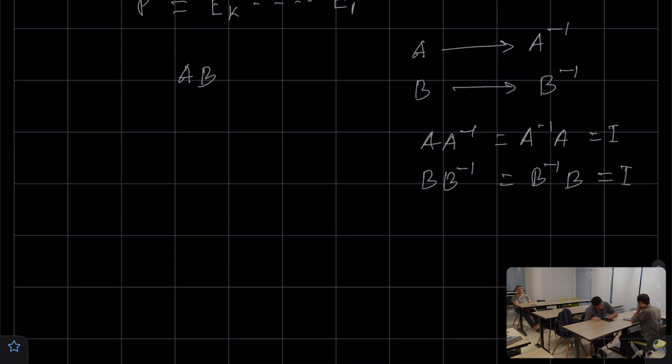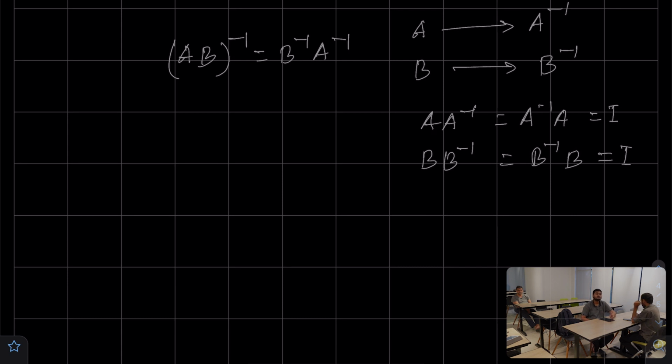Then the inverse of the product of these two invertible matrices A and B is simply B inverse A inverse. How can you show that this is true?